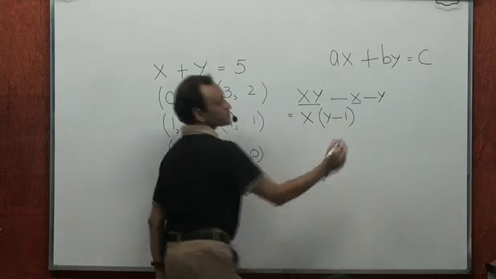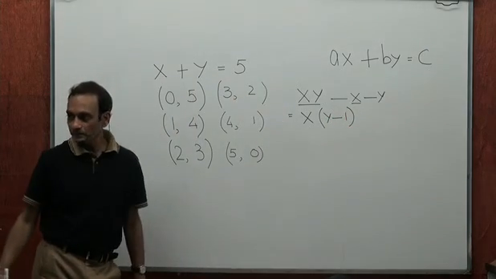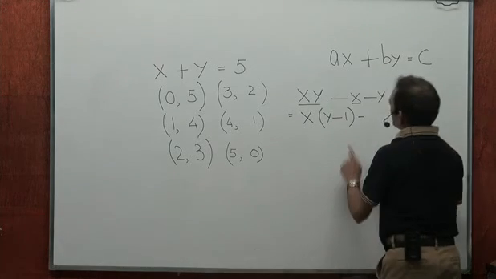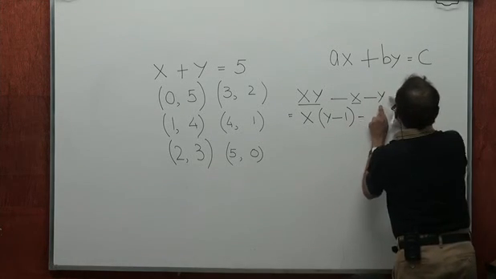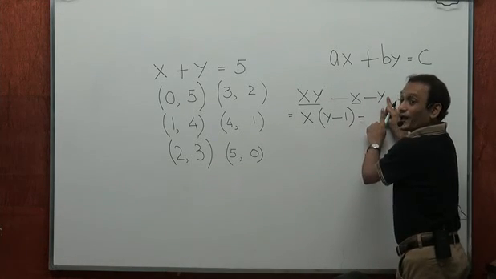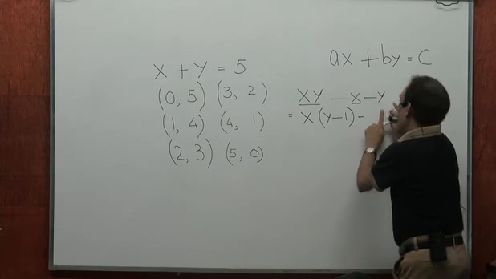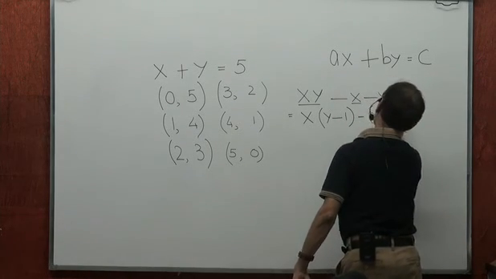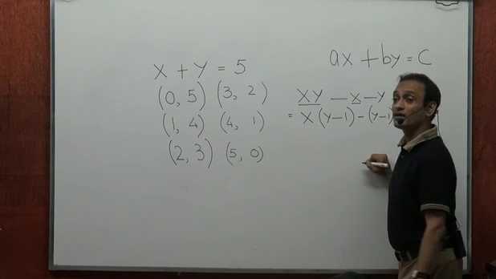How about it? Right? Now from this term, minus, it would have been so nice if this was also y minus 1. It would have been really nice if this was also y minus 1. Does not matter. If it's not y minus 1, I can impose a y minus 1 like this.